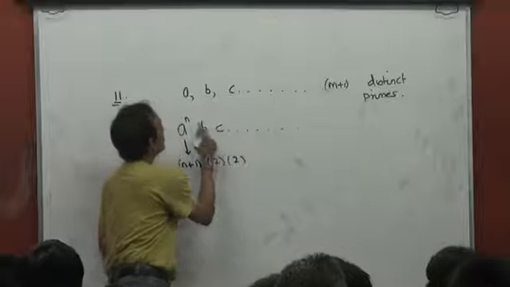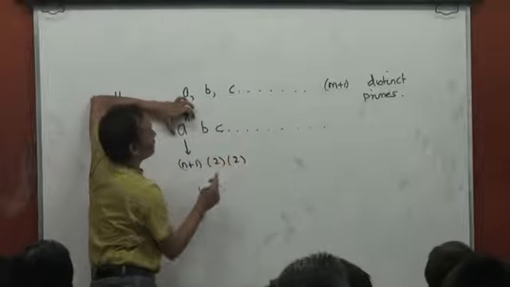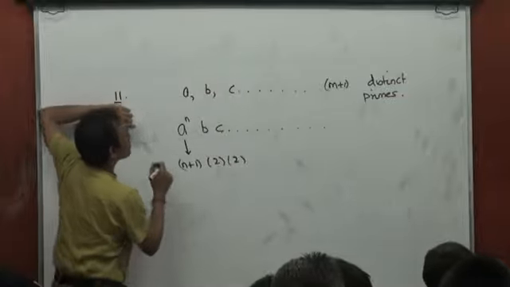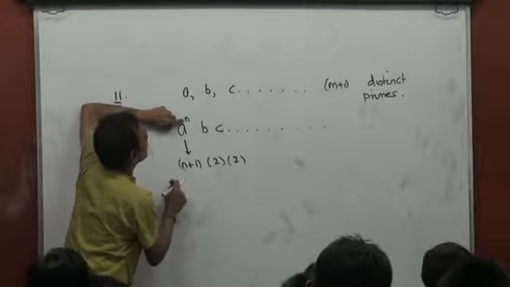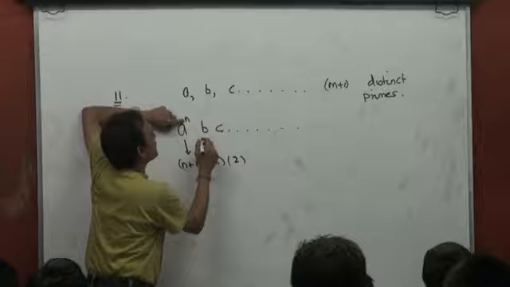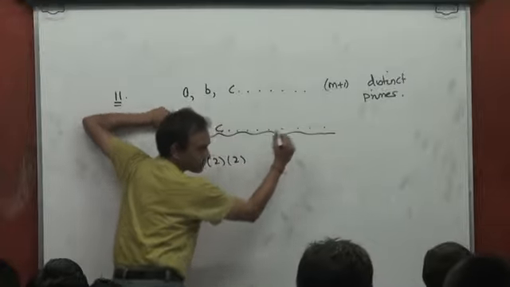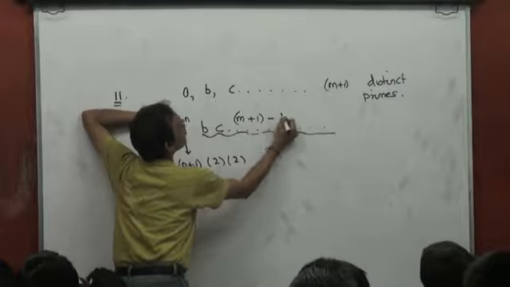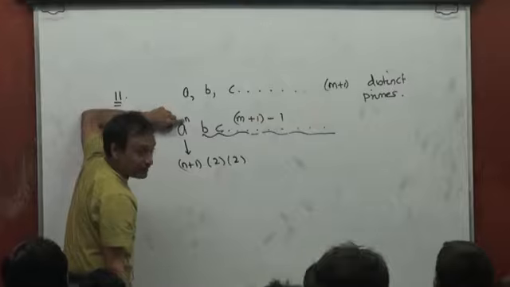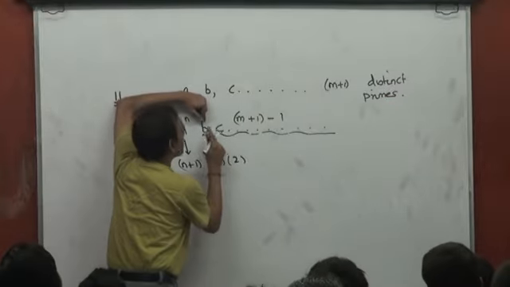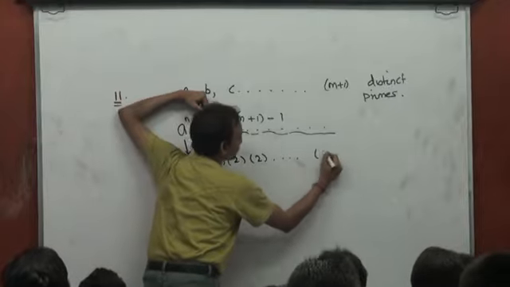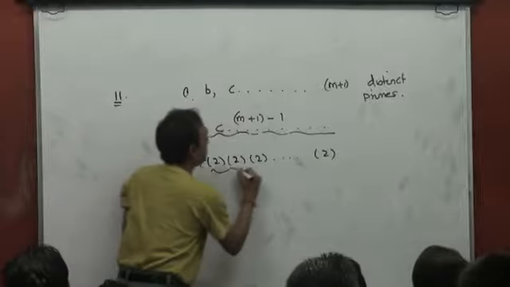And if there are M plus 1 in all primes, then if this is n, then how many are remaining? M plus 1 minus 1, that is M remain, right? So then it's like 2 into 2 into 2 into 2. How many times?